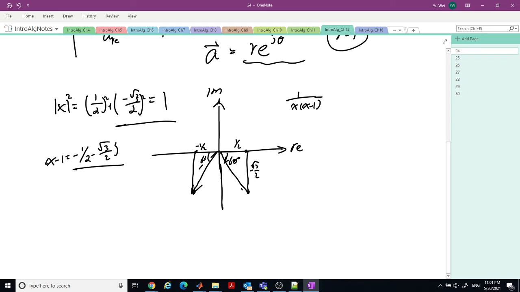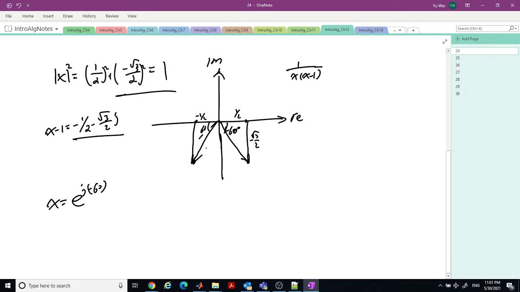Okay, so now we know the two numbers. x is equal to e^(j·(-60°)). Then x minus 1 is equal to e^(j·(-120°)).